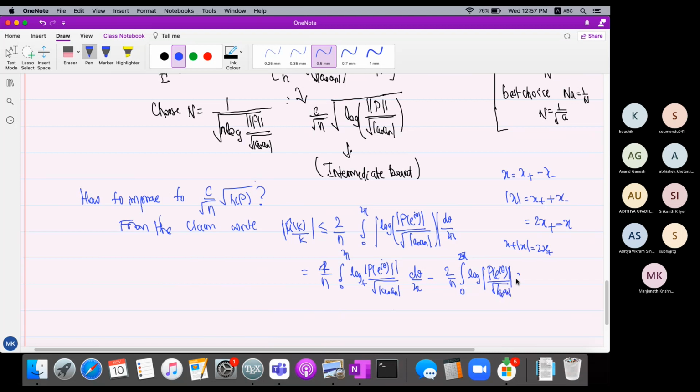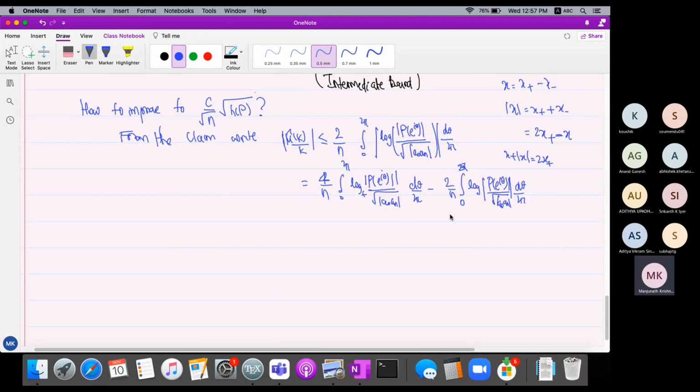There is no absolute value here. And I think this is 0 or something like that. Or maybe you get log it. So this is 0. Okay, I won't explain now.